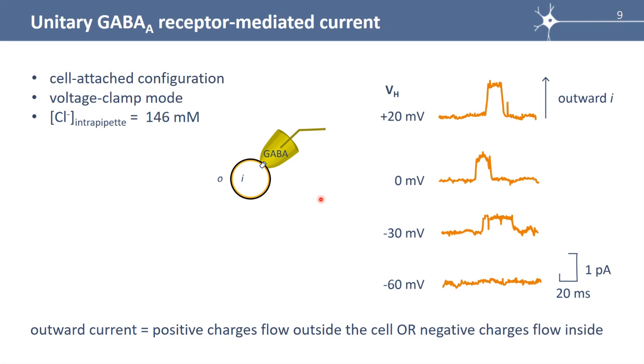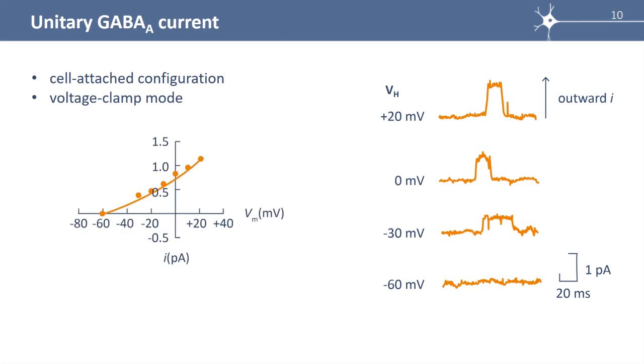Why? Because when we identify the reversal potential of the GABA current, it will give ideas on which type of ions are involved. The corresponding IV curve, which is the unitary current of GABA versus membrane potential, shows that the current is outward, and more and larger when we depolarize the membrane.